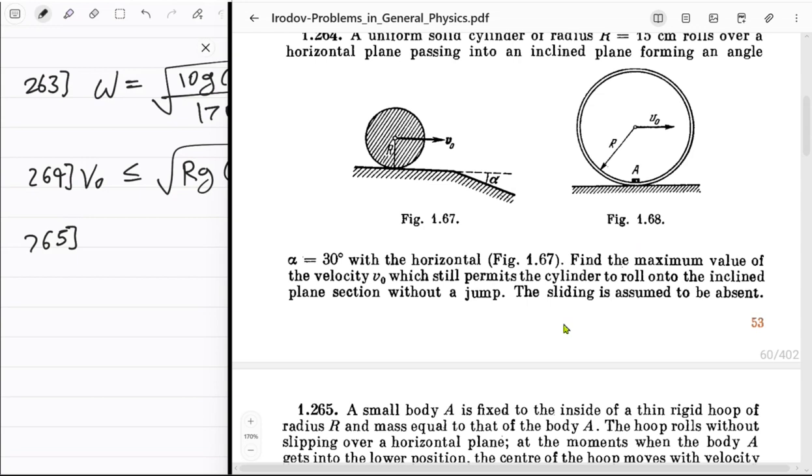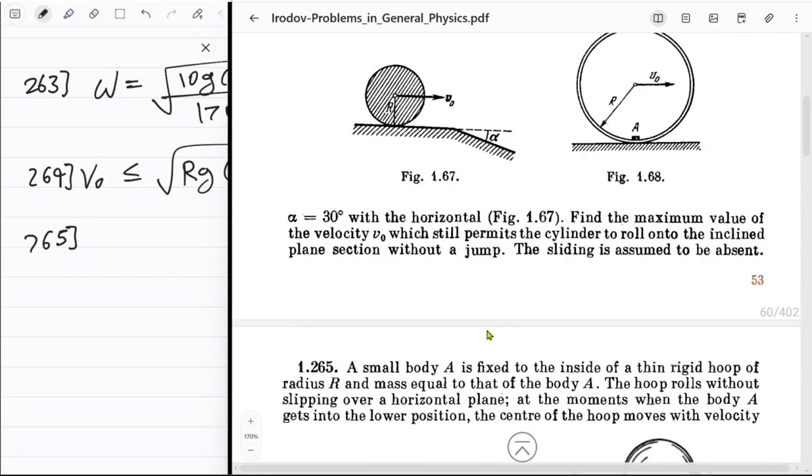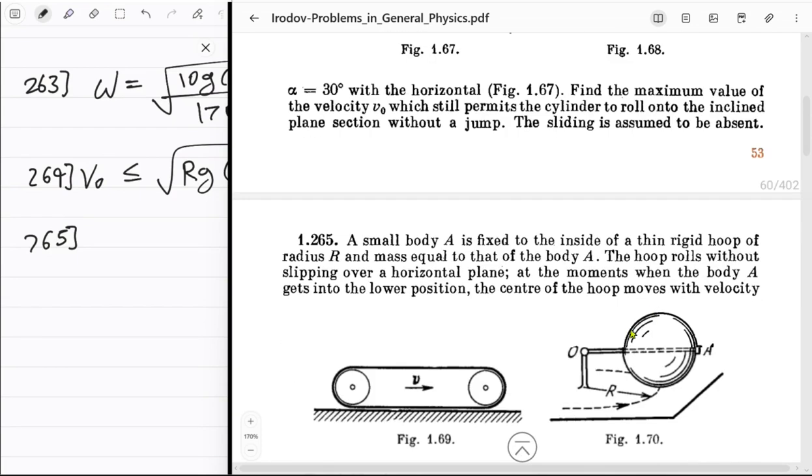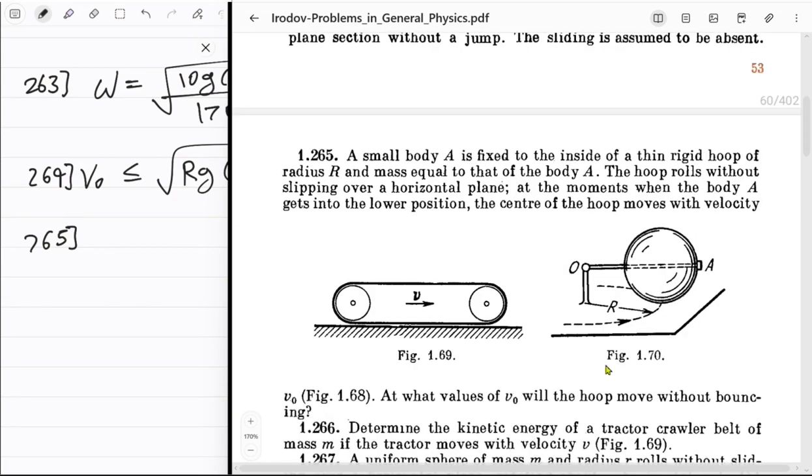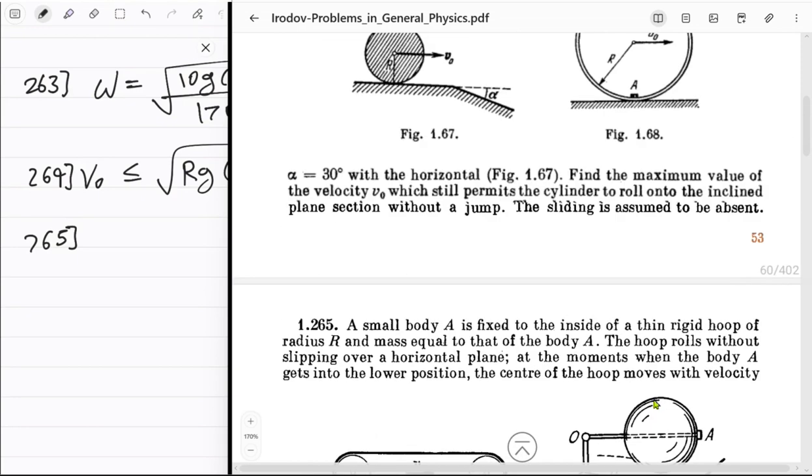At the moments when the body A gets into the lower position, the center of the hoop moves with a velocity v naught. At what range of v naught will the hoop move without bouncing?